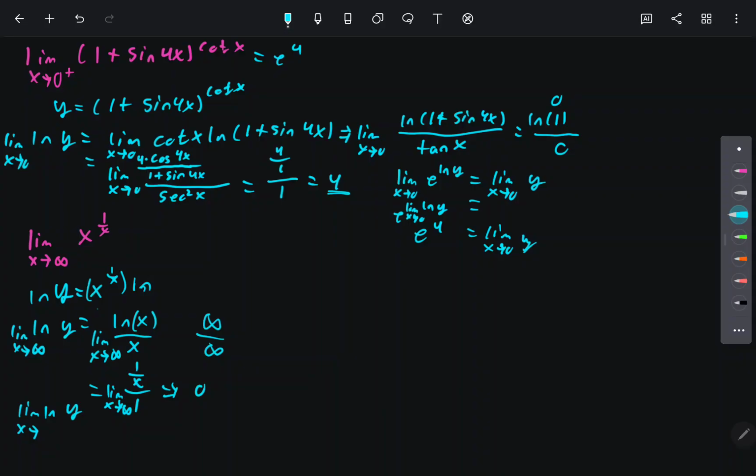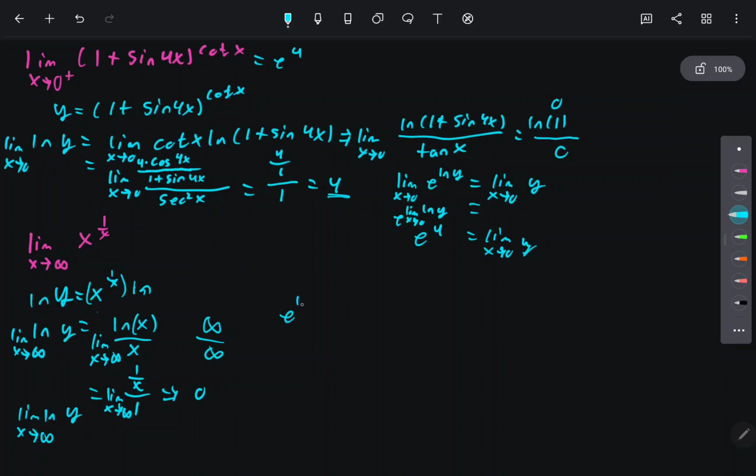Now if we want the limit of y as x goes to infinity, what we have to do is find e to the power of the limit as x approaches infinity of the natural log of y, and that should be the same thing as the limit as x approaches infinity of y.